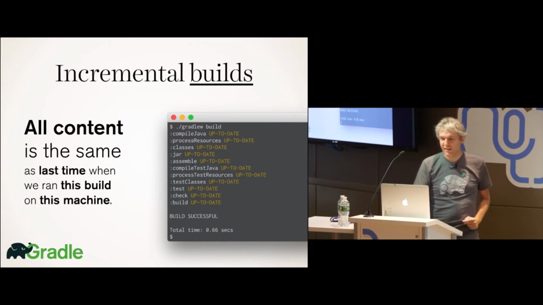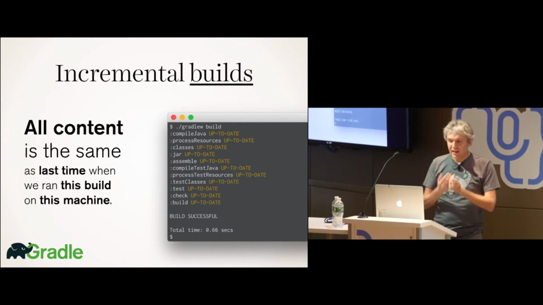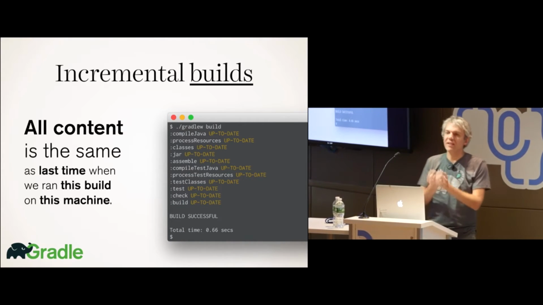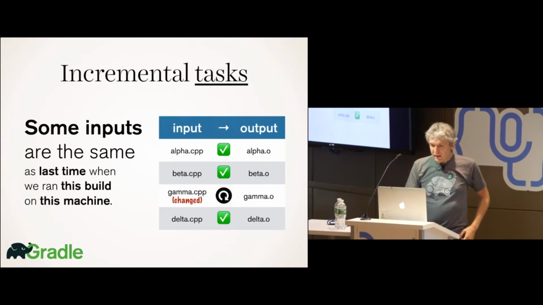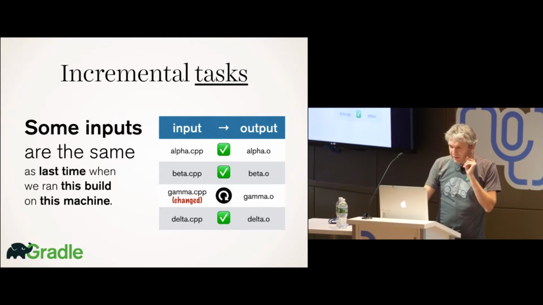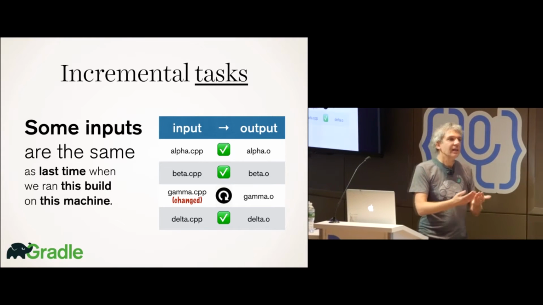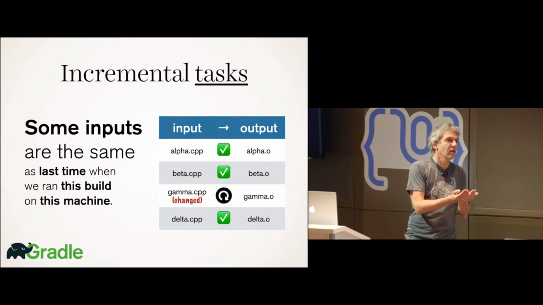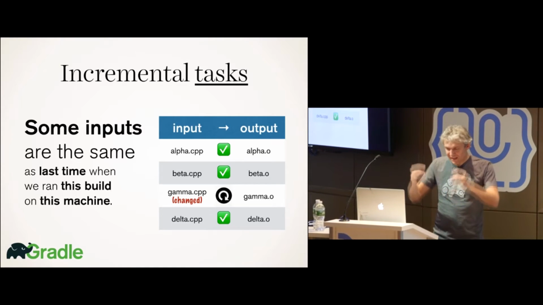It's now getting interesting. Incremental builds work in a way that if all content is the same as last time when we ran this build on this machine, then nothing is done, right? Only then. And incremental build must not be confused with incremental task. I'll give you an example. In Android, the Java compile task is incremental. You can enable incremental compile, and that is on a different level.